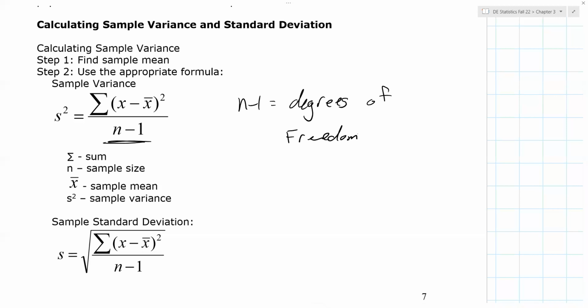And essentially what degrees of freedom means is how many of the variables do you need to know? And it's the idea of, and we'll get into it again later, if I know what my average is, so let's say my class average for a test was a 50%, and I had 4 people take the test.